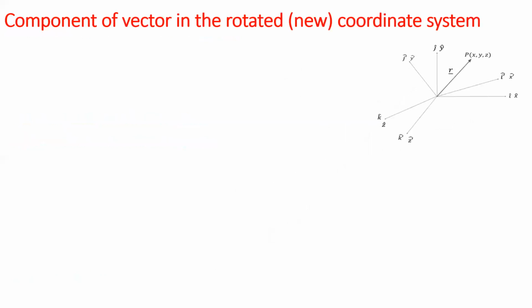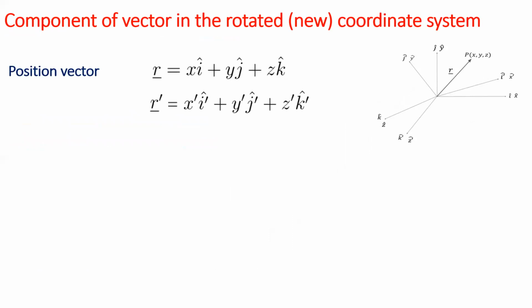As I just said, our objective is to identify x prime, y prime, and z prime in terms of x, y, and z, provided we know the corresponding angles between the new axes and the old coordinate axes. We know R, which means we know x, y, and z.